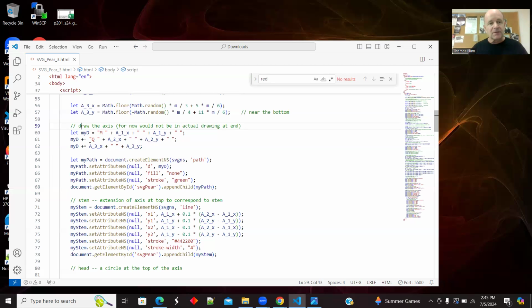So capital Q, and then my A2X, A2Y, and then finally my ending point, A3X and A3Y. Then I made the path with that D attribute with no fill, made it green, and added it to my path.